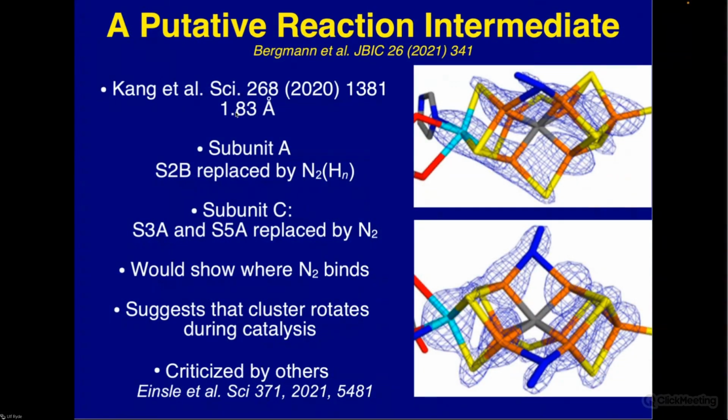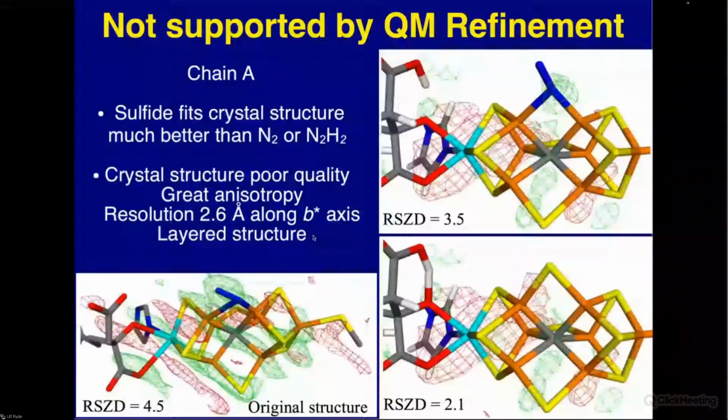So we decided to see if this is really N2, because that would be sensational. So we did quantum refinement with N2, and we could get a better structure with less anisotropy and less difference density.